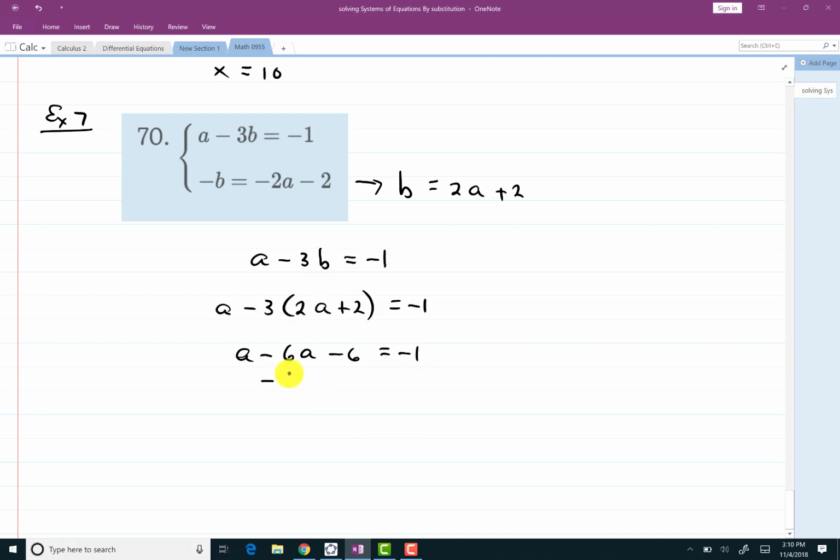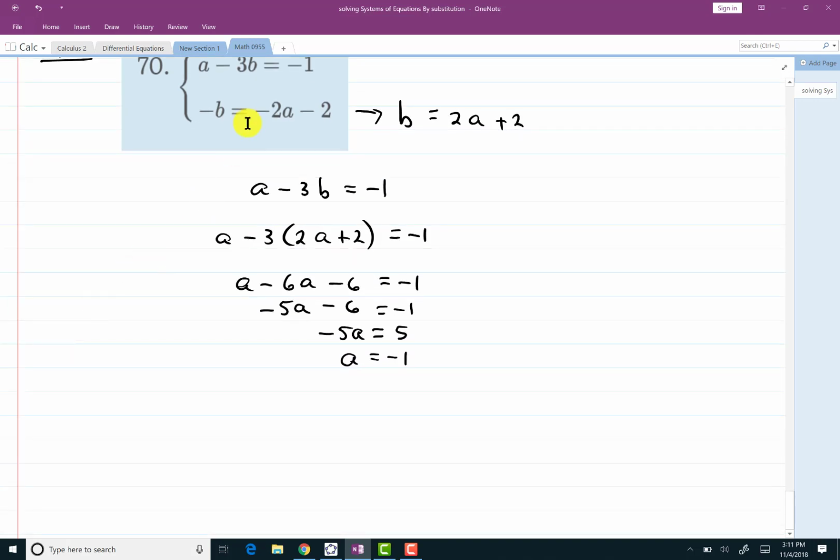I'll combine my a's. I will add 6 to both sides. And then I will divide by -5. Now go ahead and use the second equation to figure out b. b equals 2a plus 2.